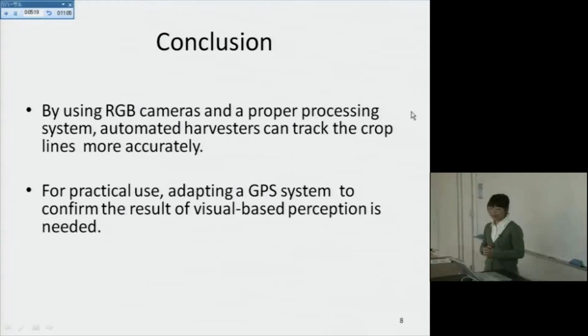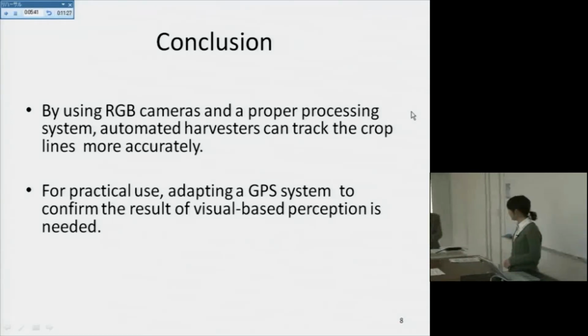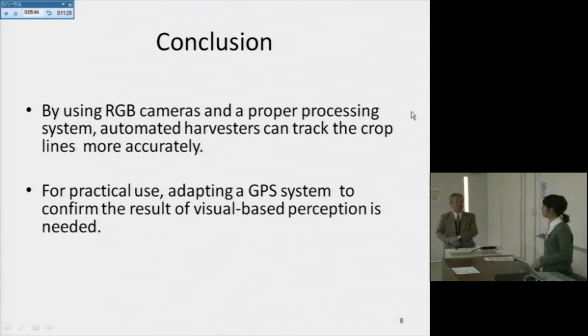But if there is still a color difference between crop area and non-crop area, I think it can find the edge again. What happened after all harvest? Sorry, I have no idea. I don't know.